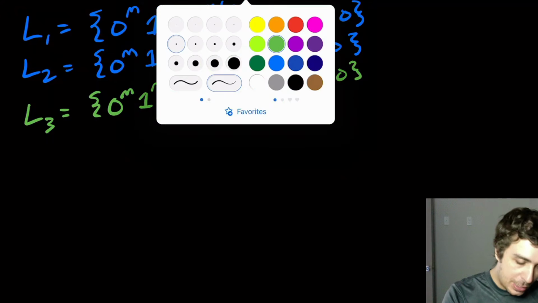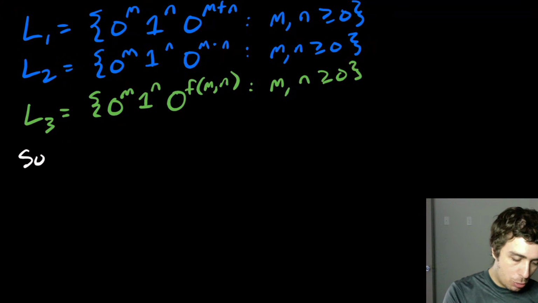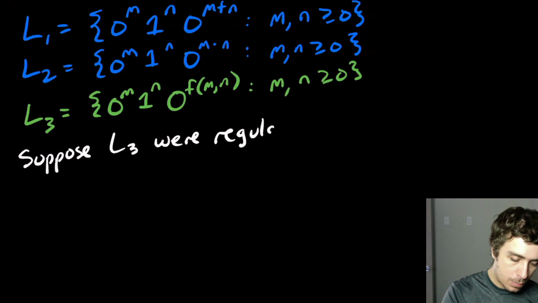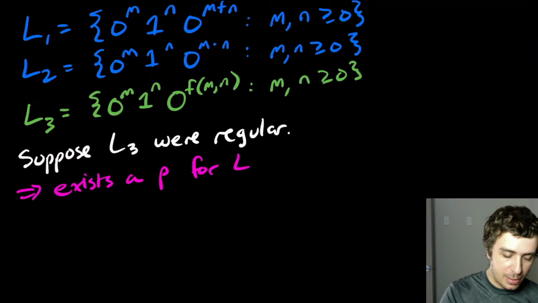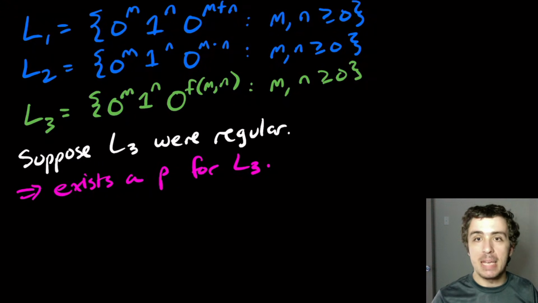Okay, so then let's suppose L3 were regular, then that means there exists a pumping constant P. I'm just going to shorthand it: there's a pumping constant P for L3.